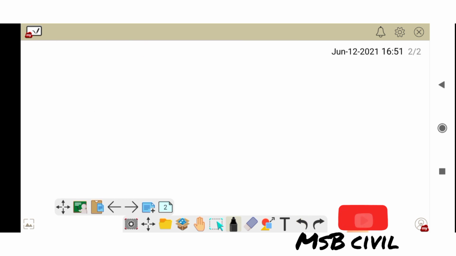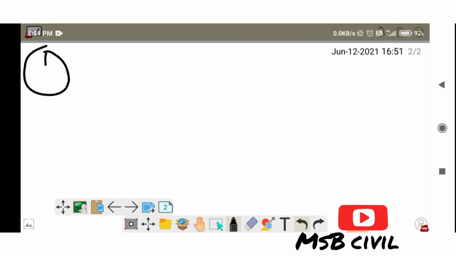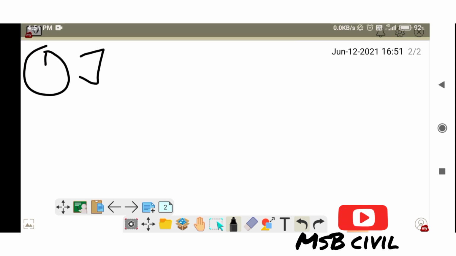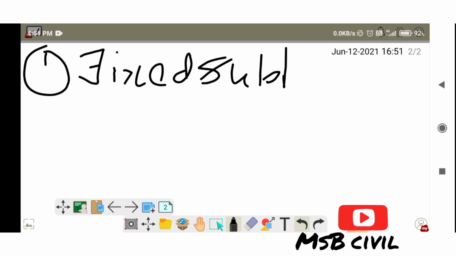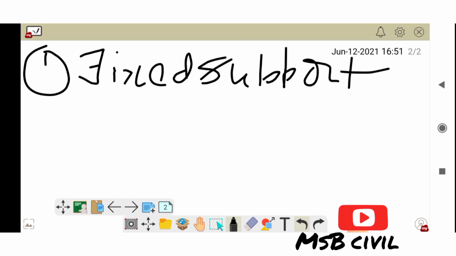The first support reaction is the fixed support. The fixed support diagram depicts this type.